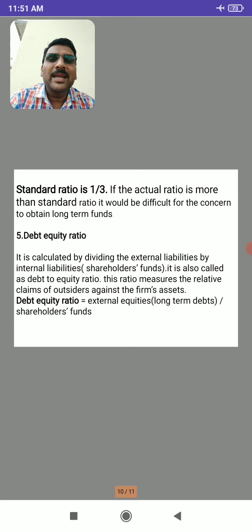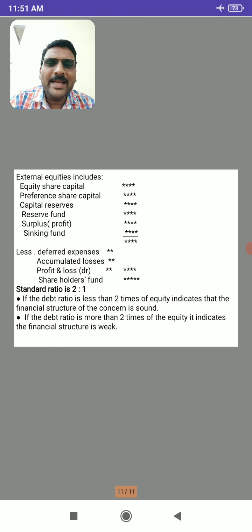The debt equity ratio is calculated by long-term debts divided by shareholders fund. We'll see what the long-term debts are, and we already know the shareholders fund. Total equities are equity share capital, preference share capital, capital reserve, reserve fund, surplus, and sinking fund.